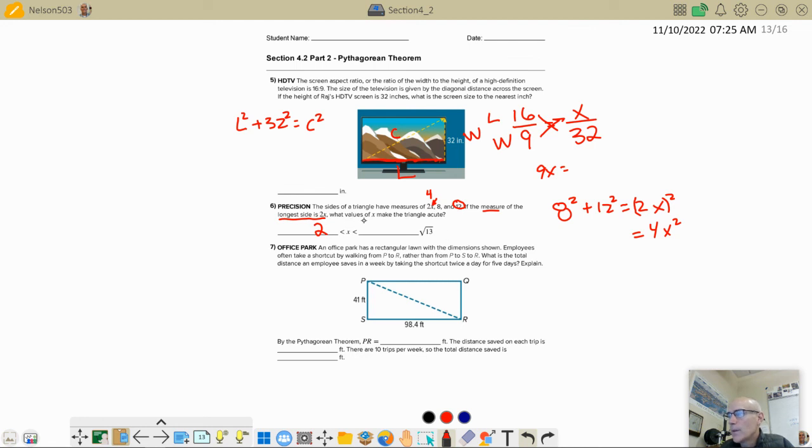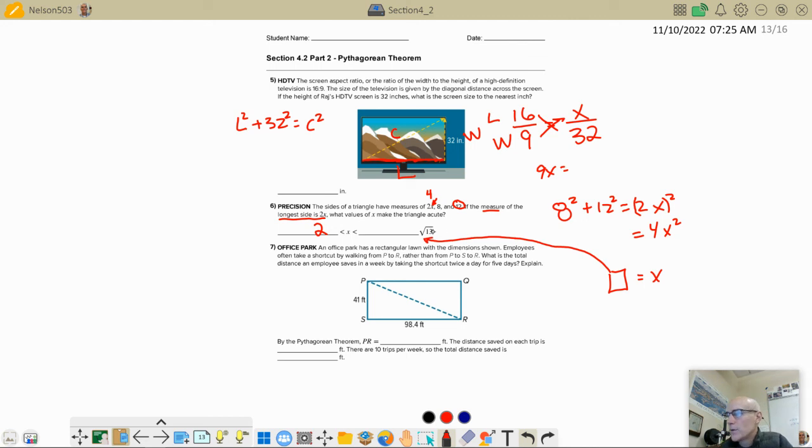And it says, what value of x makes the triangle acute? So it's got to be less than what the hypotenuse would be if you had 8 squared plus 12 squared. So when you solve for x down here, you're finding out what it needs to be a right triangle. So you're going to take this answer and it's going to go in right there.